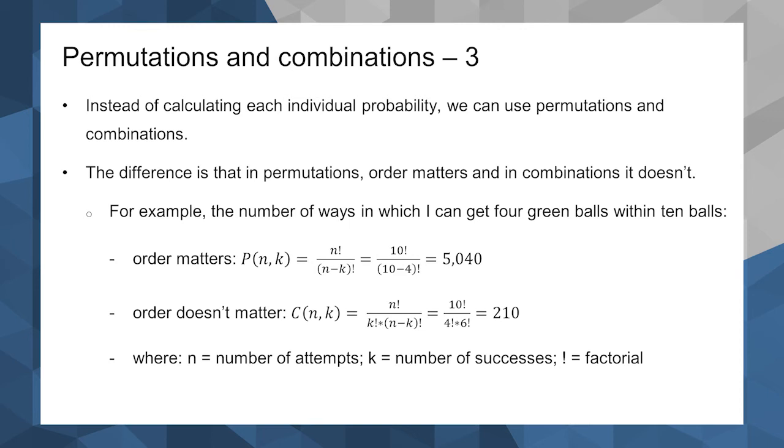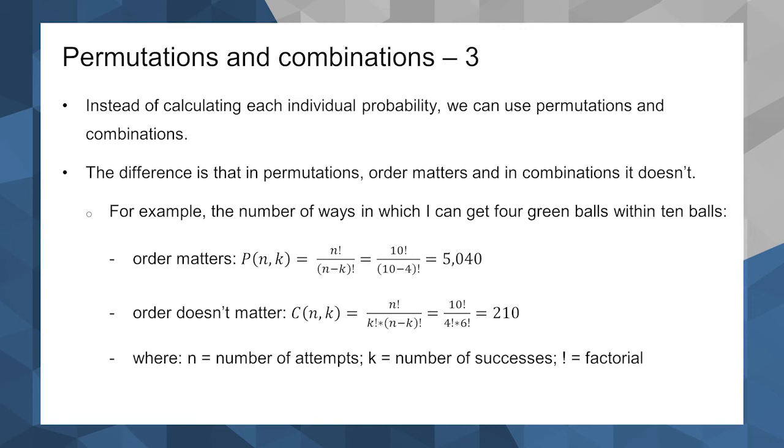Okay, so the way to calculate the number of ways in which I can have possible success from a certain number of outcomes is, as it says in there, using combinations and permutations.